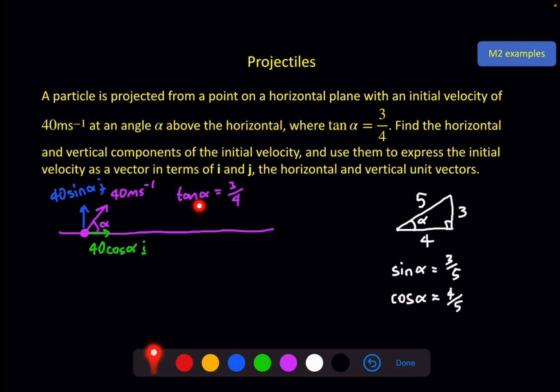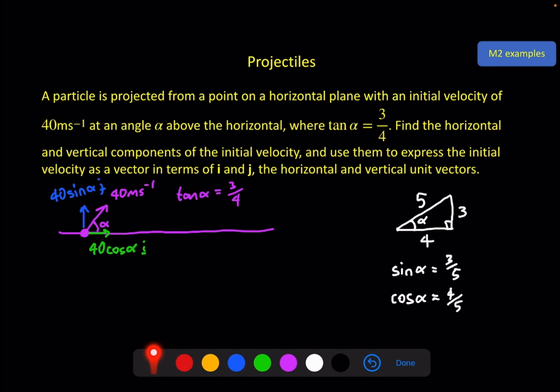And if you started with the sine or the cosine here and you needed to find the tan, you could do the same process. Draw your little right-angled triangle, put the ratio numbers of the two you've been given onto their respective sides, find the third side using Pythagoras, and then use that information to find the other two trig ratios.